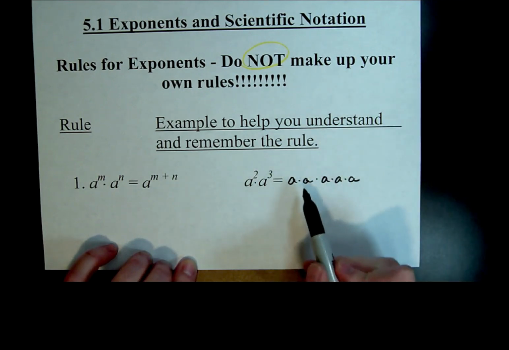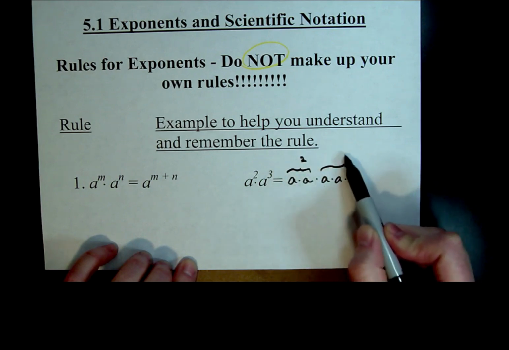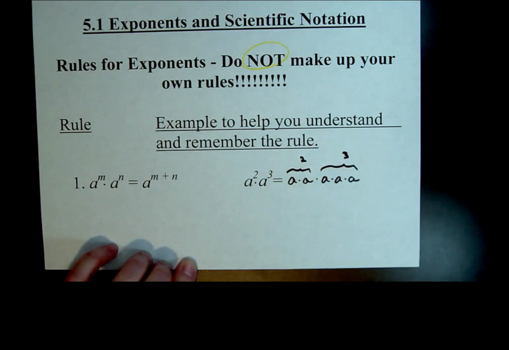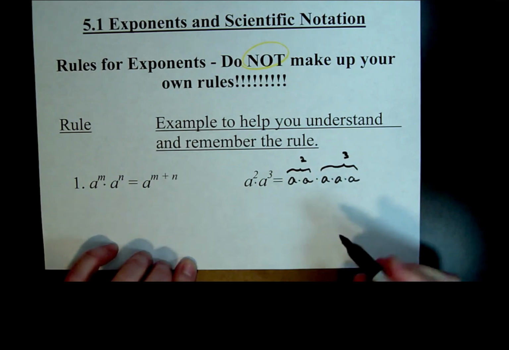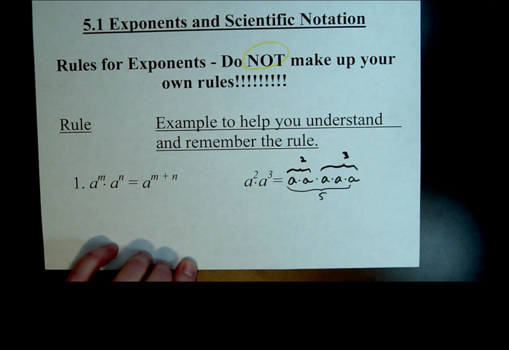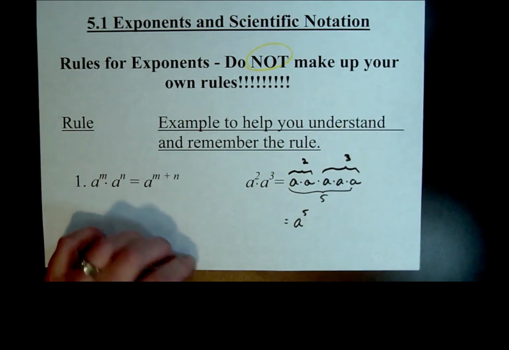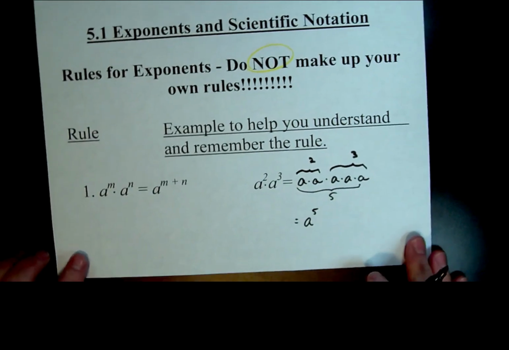So I've got 2 factors of a from the a squared. I have 3 factors of a from the a cubed. When I've written them all down, how many factors of a do I have? I've got 5. 2 plus 3 more is a total of 5. So the short way to write that is a to the 5th.